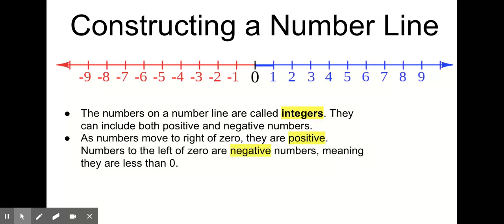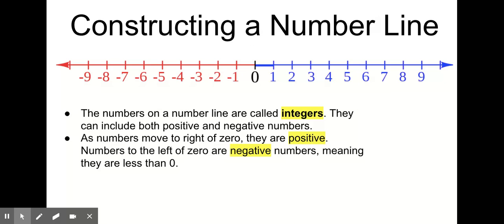As our numbers move to the right of 0, they are positive. That's really what you guys have worked on so far. Up until this point, we've always worked with numbers that are greater than 0. Those have always been positive numbers. However, now we are going to also work with negative numbers, and the negative numbers are found to the left of 0 on a number line.